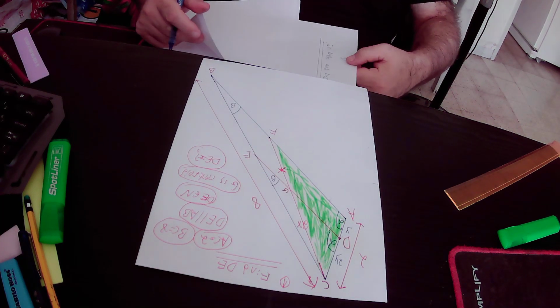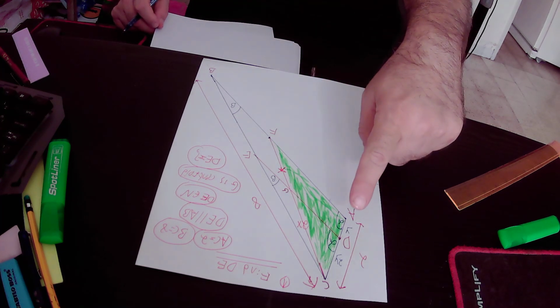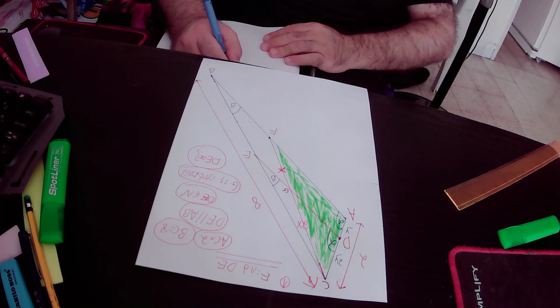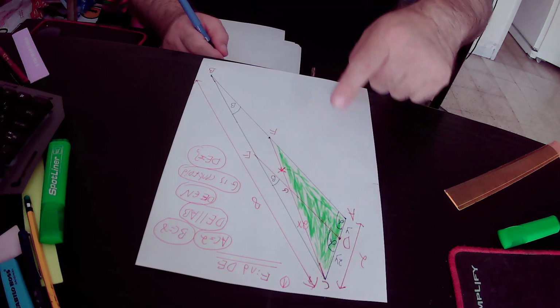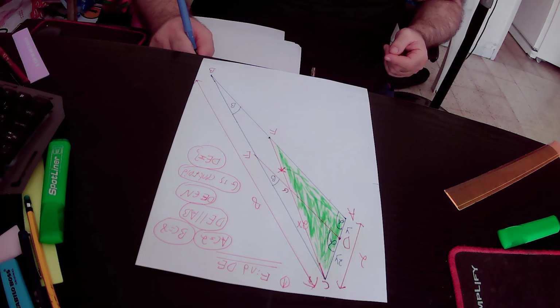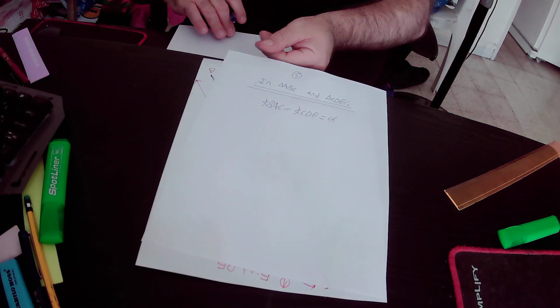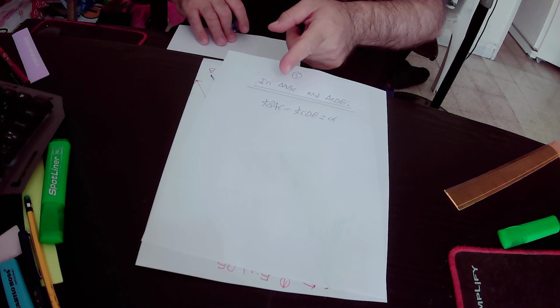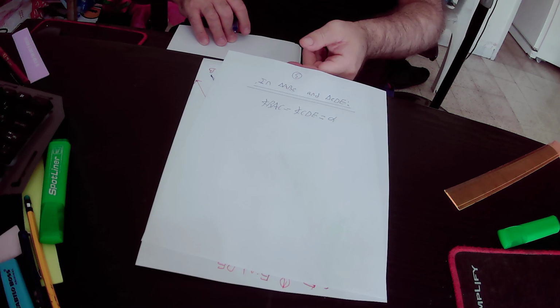So actually, we know that angle BAC on triangle ABC is equal to angle CDE on triangle CDE, and they are both equal to alpha. Angle BAC from triangle ABC equals angle CDE of triangle CDE, and they are both equal to alpha.